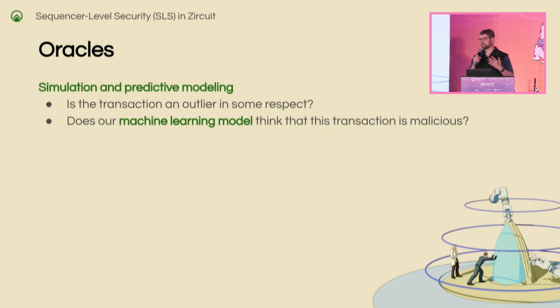So I will take my transaction, I obtain a trace for it, and we will see how many contracts it has hit, whether it performs the same thing over and over again, which is actually a pattern that very frequently occurs in various hacks. We feed that into some kind of machine learning model, and it will tell us, yes, this is malicious, or no, this is absolutely fine, right? So that's kind of Zircuit basic.